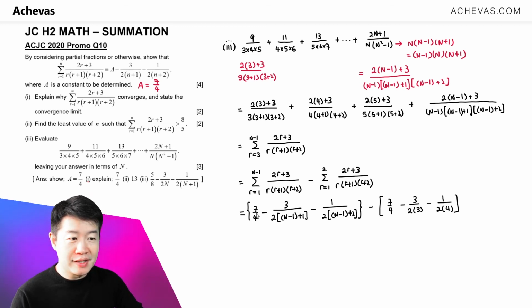And evaluating 7 over 4 minus this, we will be getting 5 over 8. And with a quick simplification, we're going to be getting 3 over 2n minus 1 over 2 times n plus 1.